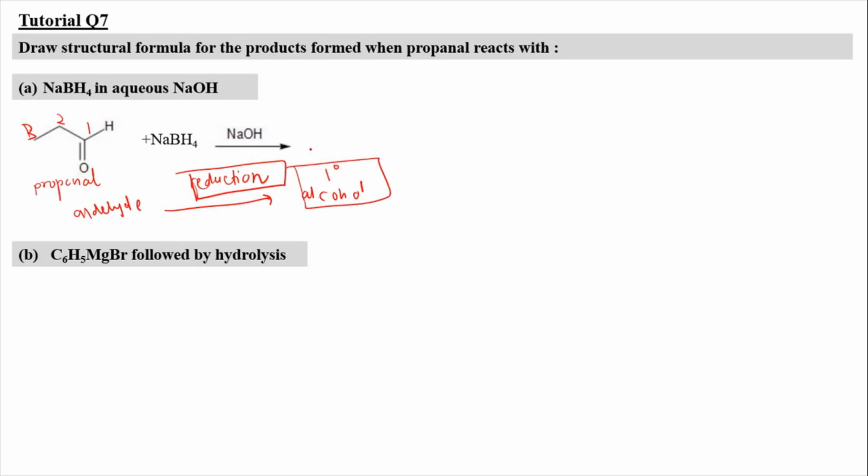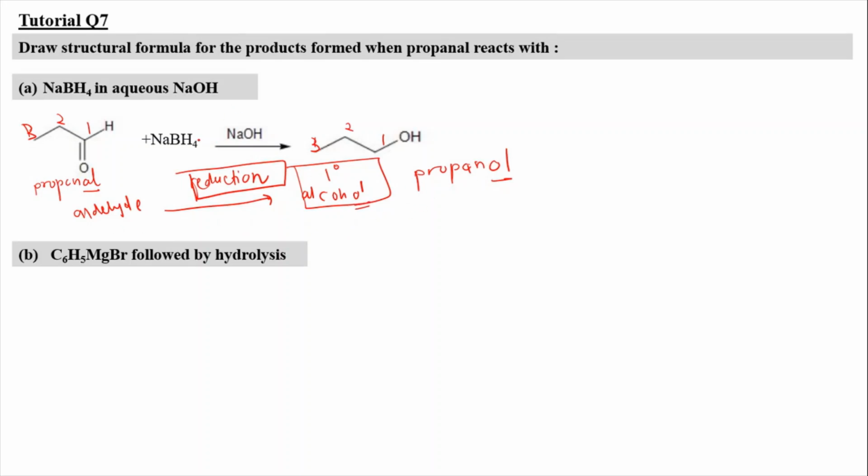Okay, so we're going to draw the structure again and make a primary alcohol. So 1, 2, and 3. So from propanal, it's going to become propanol. Okay, nal to ol, aldehyde into alcohol.